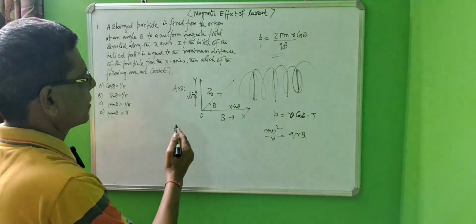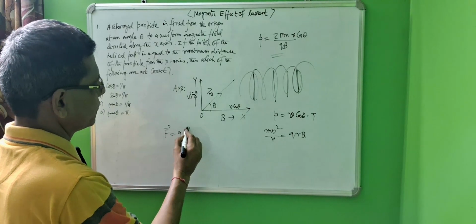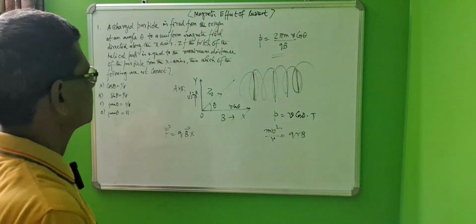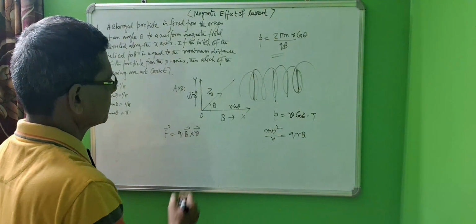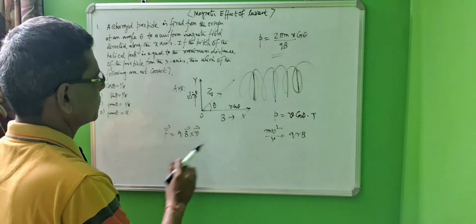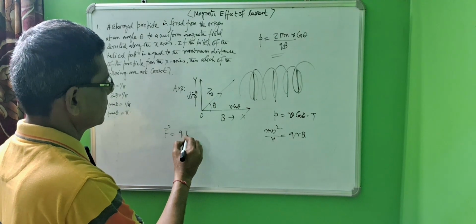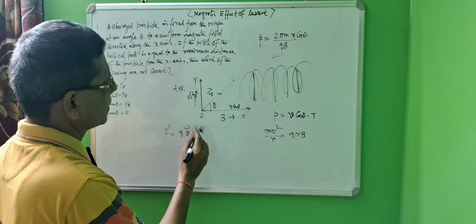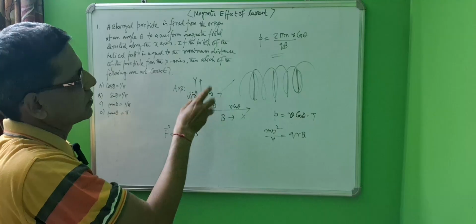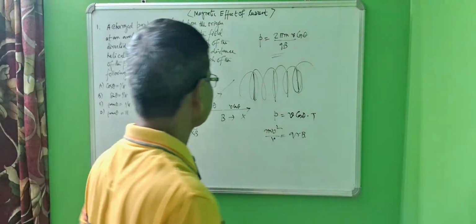So force equals to q V cross B, and in this way V cross B, the particle will take the helical path.